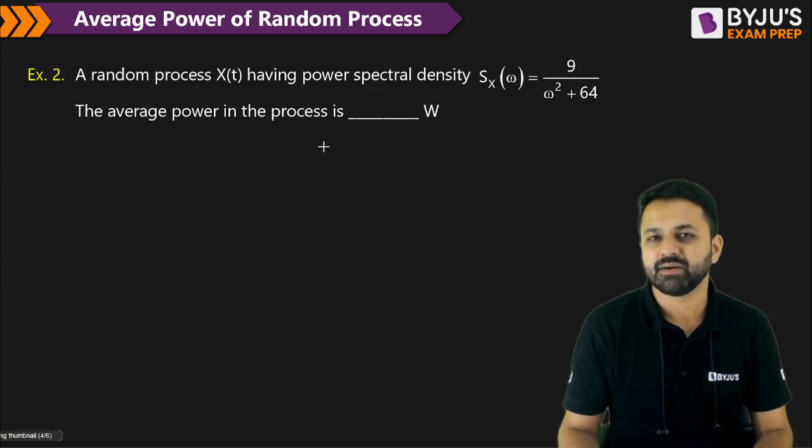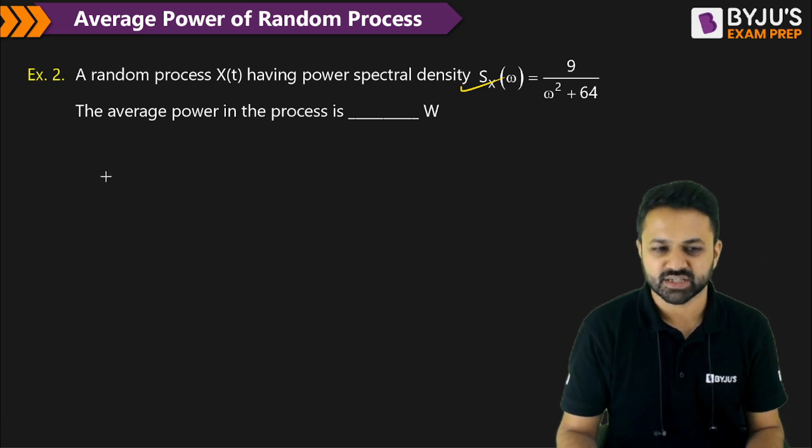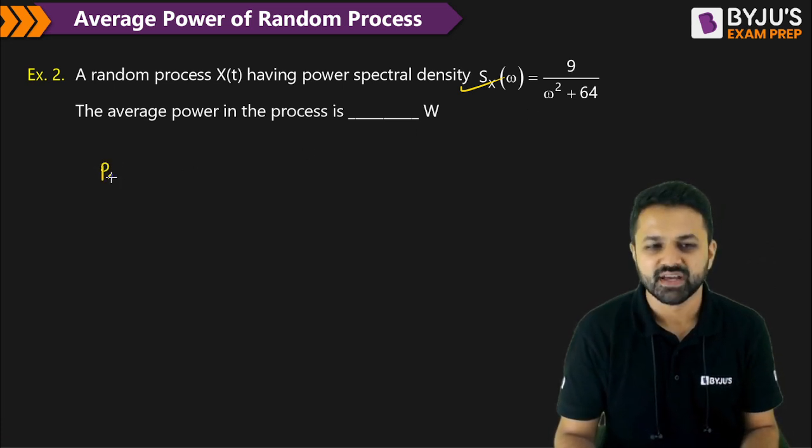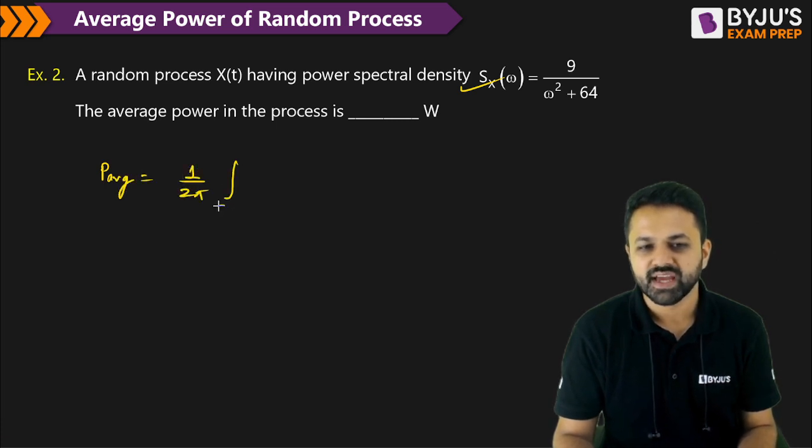And this is another example, by the power spectral density. As it is given in the omega domain, the average power can be calculated as 1 upon 2 pi times the integration from minus infinity to infinity of Sx of omega d omega.